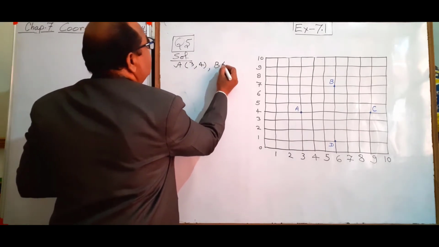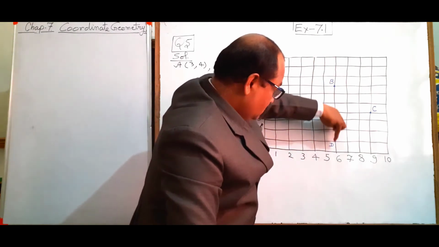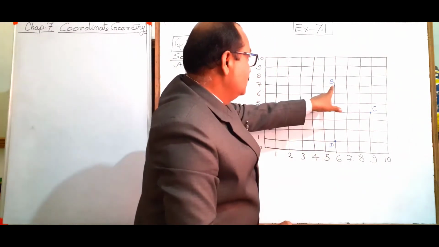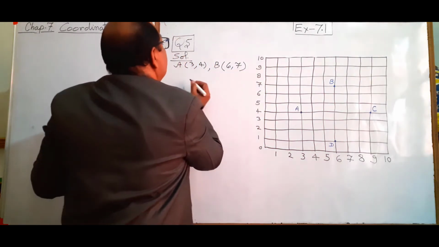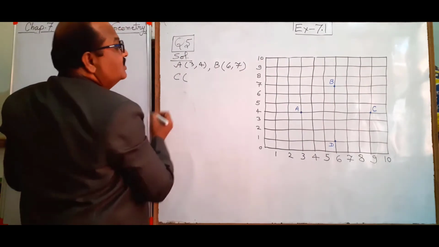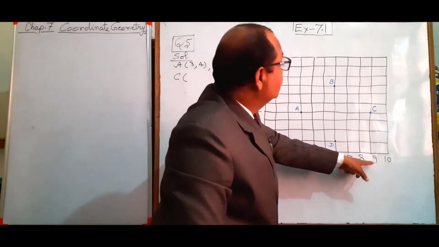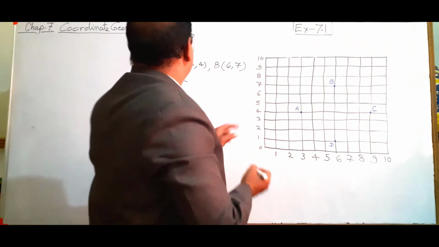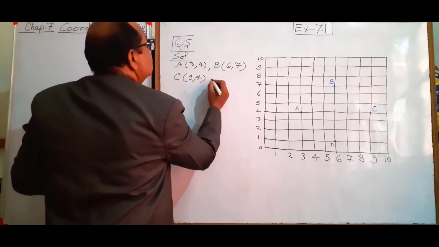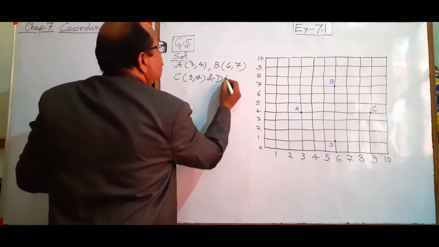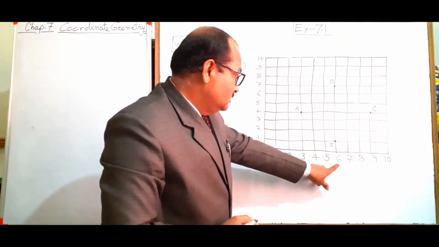Coordinate of point B is, now let us see this position, 6 and 7. Coordinate of point C is, now see this position, 9 and 4. And you can also write the coordinate of point D. D is (6, 1).